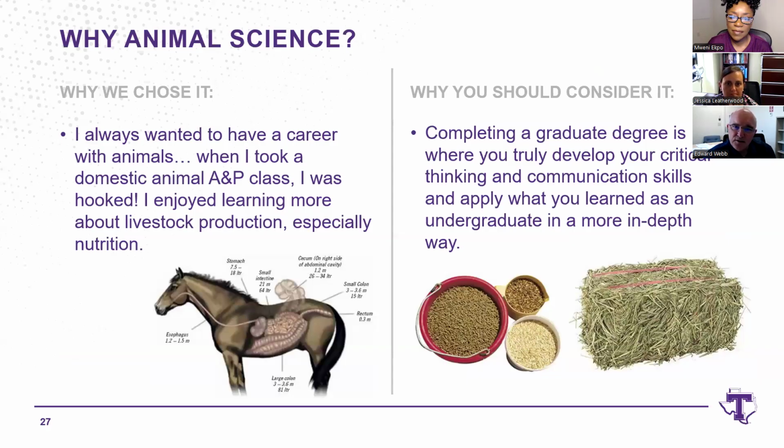The second feedback is that completing a graduate degree is where you truly develop your critical thinking and communication skills. And you also apply what you learned as an undergraduate in a more in-depth way.